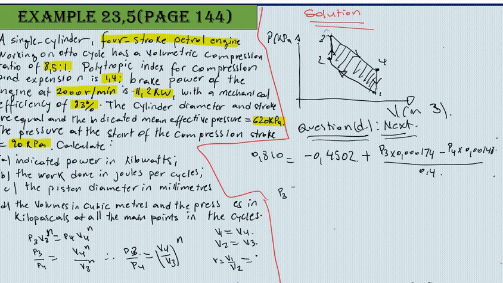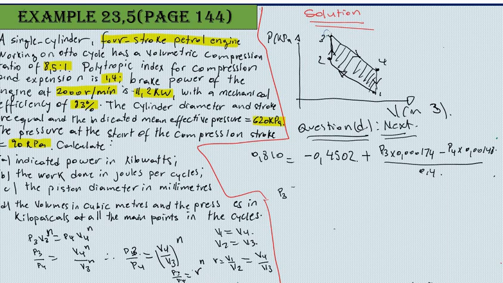That is also the same as V4 over V3, because V1 is the same as V4 and V2 is the same as V3. So we can replace V4 over V3 with R. So we can say that P3 over P4 is equal to R multiplied by R to the power of n.